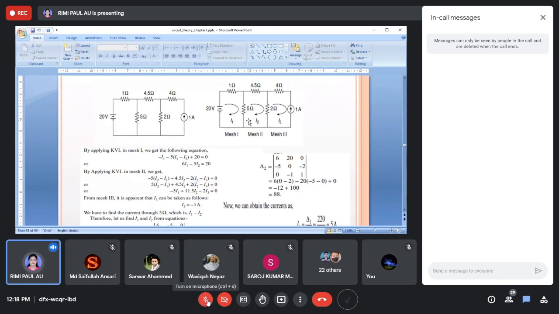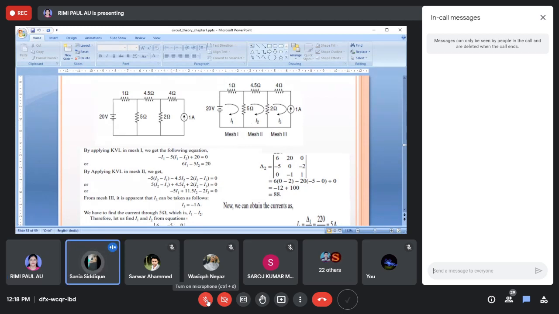Roll number 22, roll number 21, present. 14, 30, 14. Anyone from zone 3?